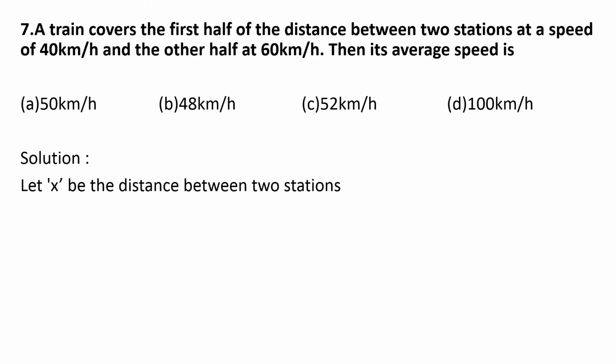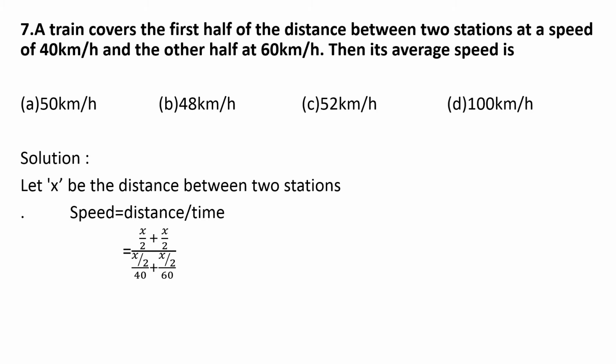So the average speed is equal to total distance by total time. Here total distance is, for the first half, x by 2. For the second half, the distance is x by 2. So the total distance is x by 2 plus x by 2, divided by total time taken.